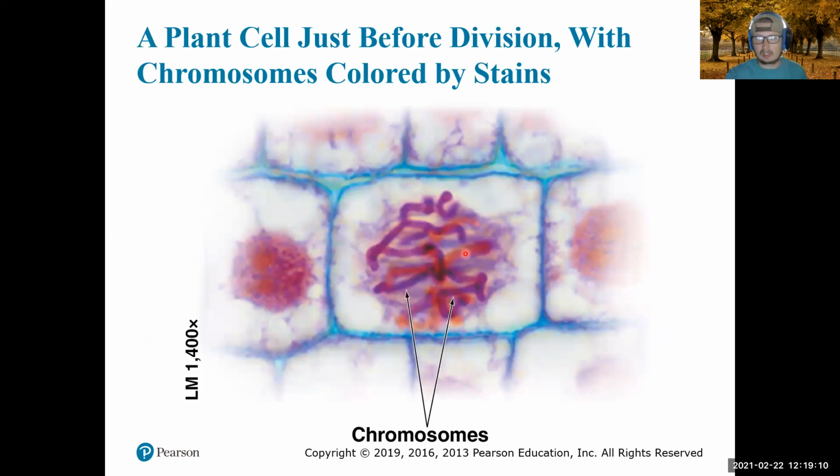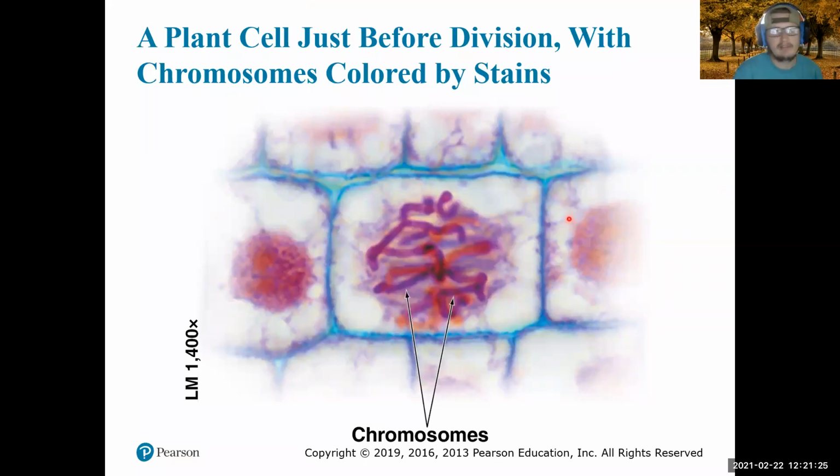So these are plant cells that are just before the division process, and these plant cells have been stained so that you can see the condensed chromosomes. And this is a nucleus on this cell that doesn't have those chromosomes condensed.